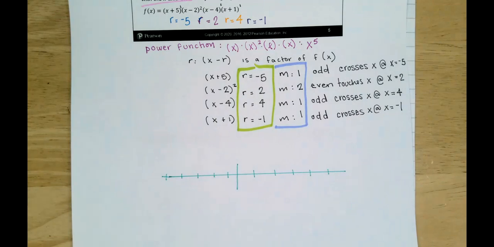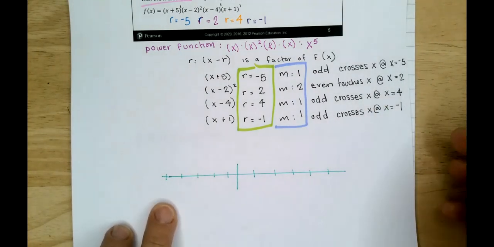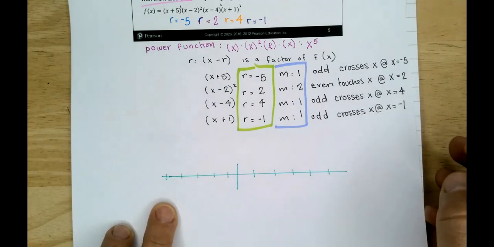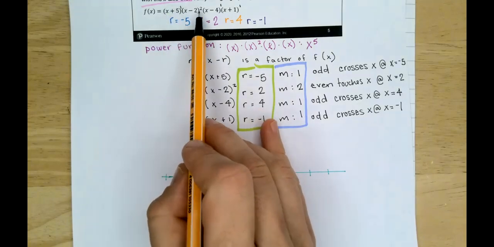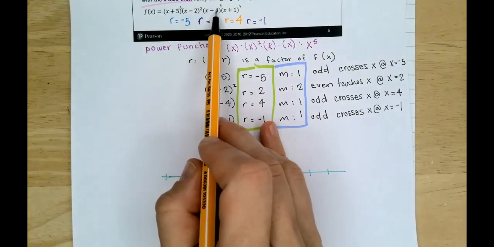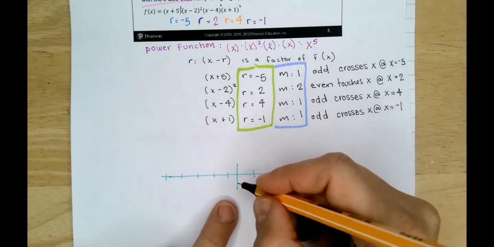All right, let's imagine this graph now. What we have is a graph that crosses x at x equals -5. Ooh, let's look at what the y-intercept is. All right, it looks like if we were to multiply 5 times -2 squared times -4 times 1, we would get a negative number, right? So my constant or my y-intercept is going to be a negative number.